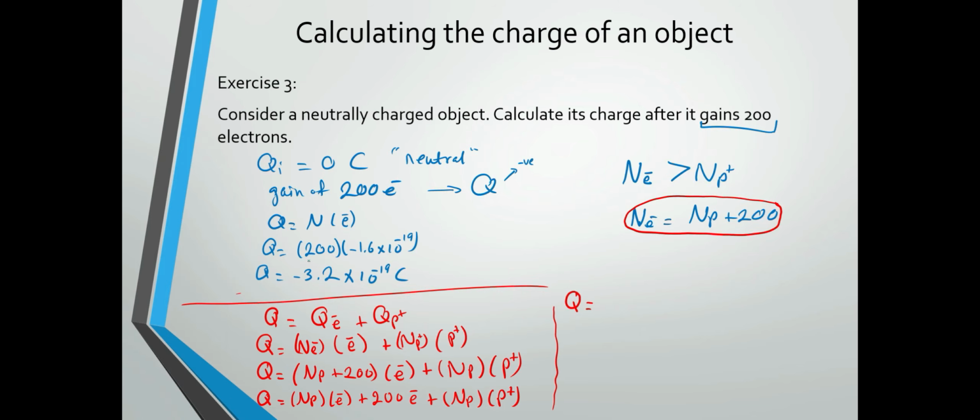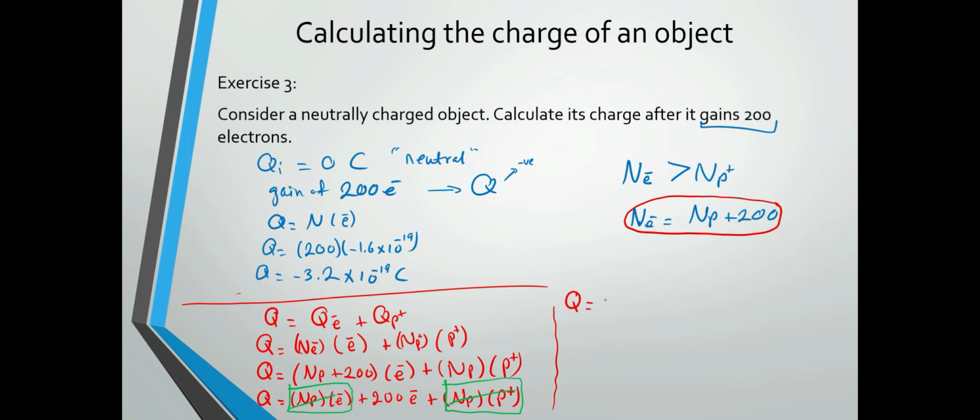You will see that we have NP times E minus and NP times P plus. They will cross out because this is the number of protons multiplied by negative 1.6 times 10 to the power of negative 19, and this is the number of protons times positive 1.6 times 10 to the power of negative 19, so they cross out.